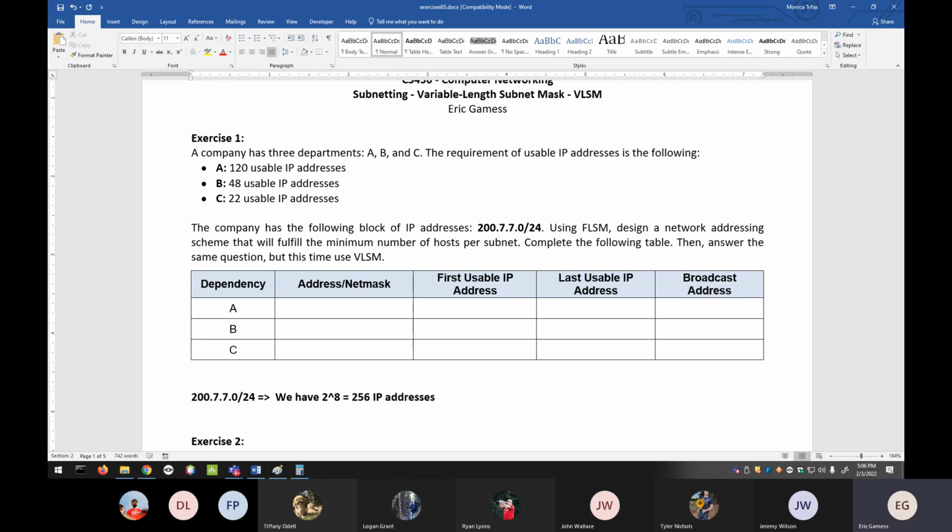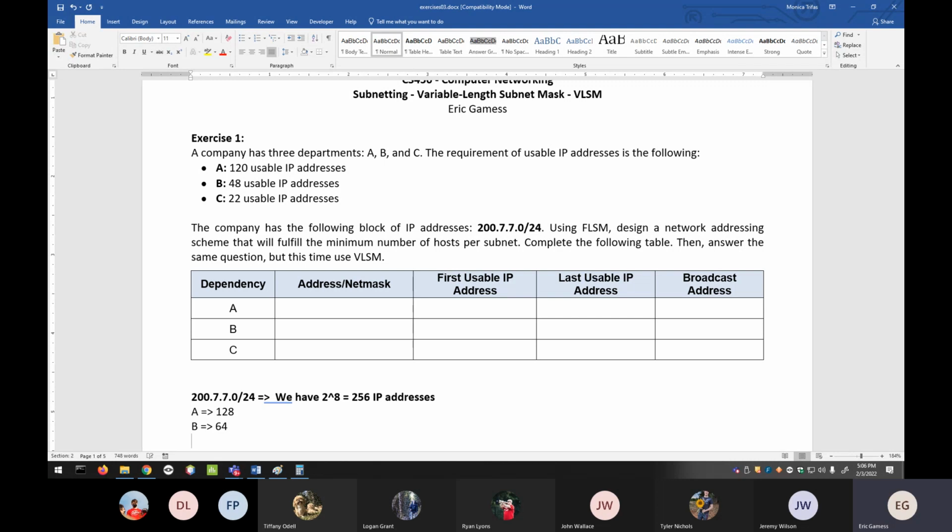Now, for Department A, what is the minimum requirement? Can I give them exactly 120 IP addresses? So what should I give them? 128. Correct. For Department B, I have to give them 64.